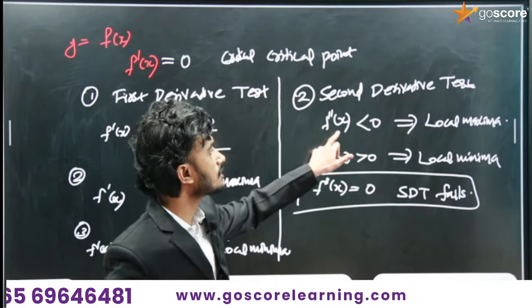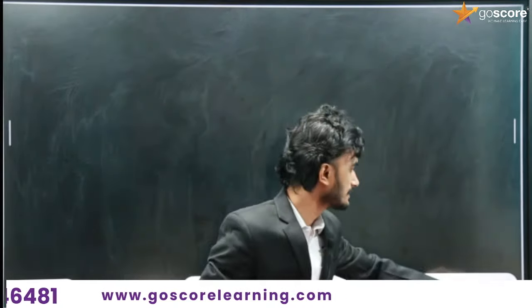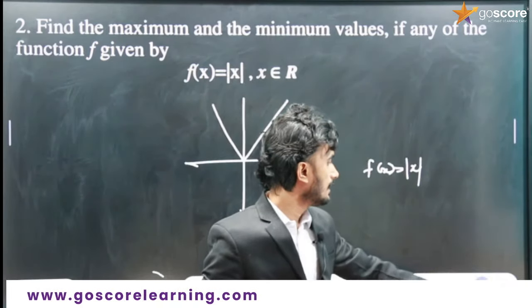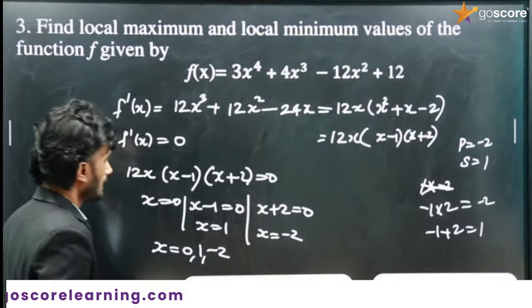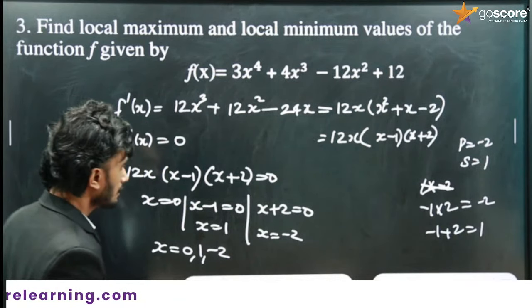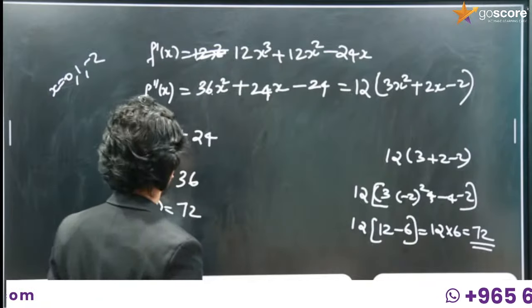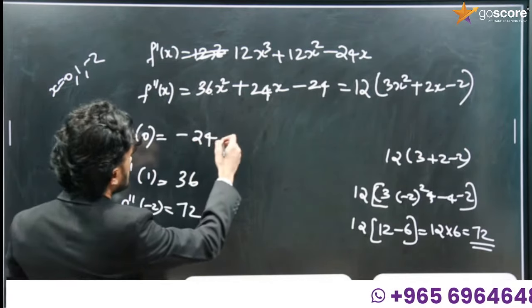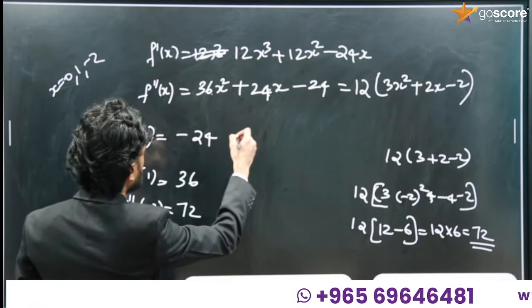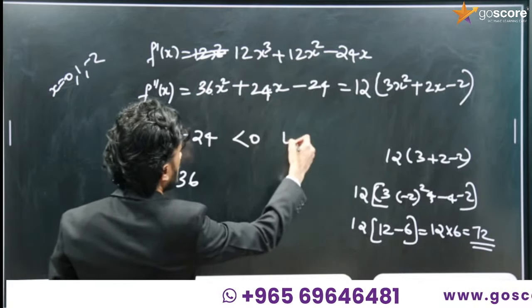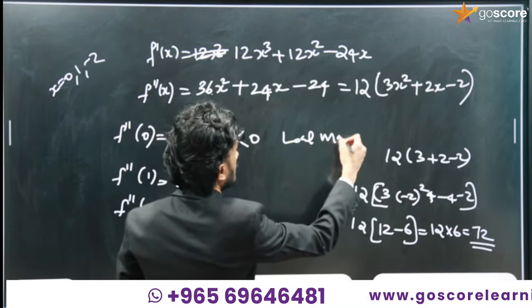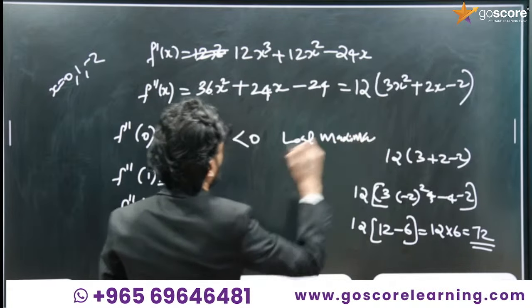If f double dash of x is less than 0, it is local maxima. We can find the local maxima and a maximum value. So yes, this one is less than 0, so we can find this one local maxima.